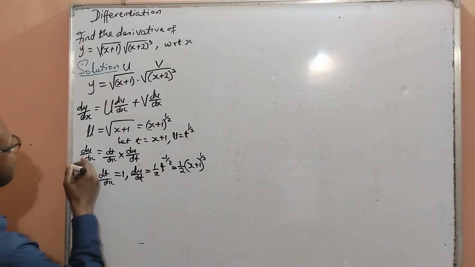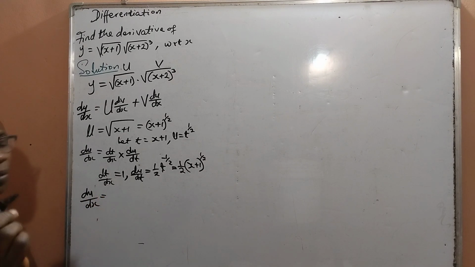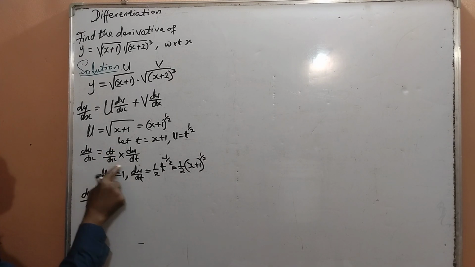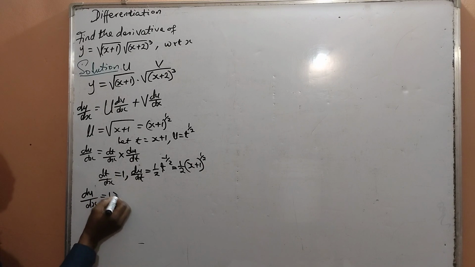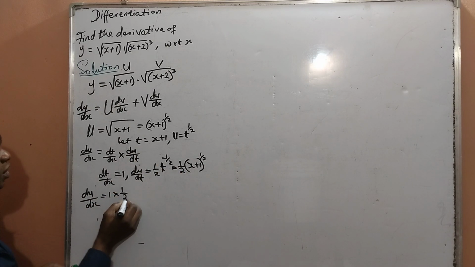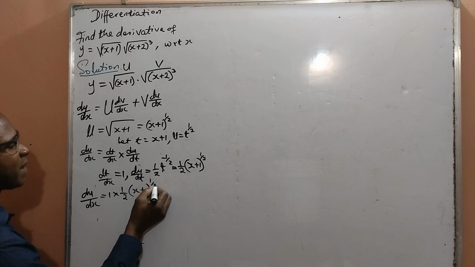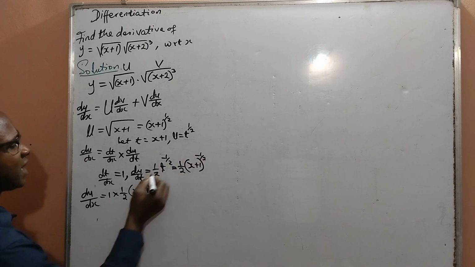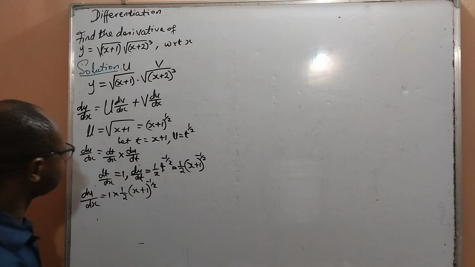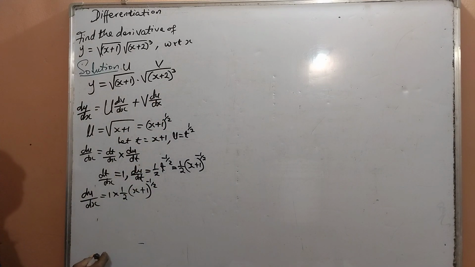I can now therefore say that du/dx is equal to dt/dx, which is 1, multiplied by du/dt, which is 1/2 into x plus 1, all to the power of -1/2. Very good. I have known du/dx, I have also known u.